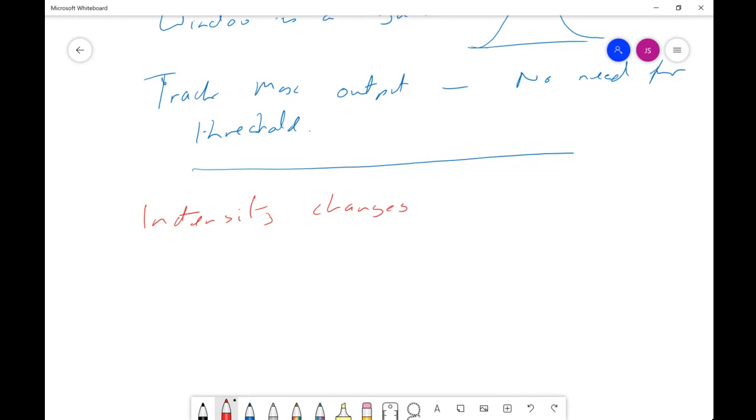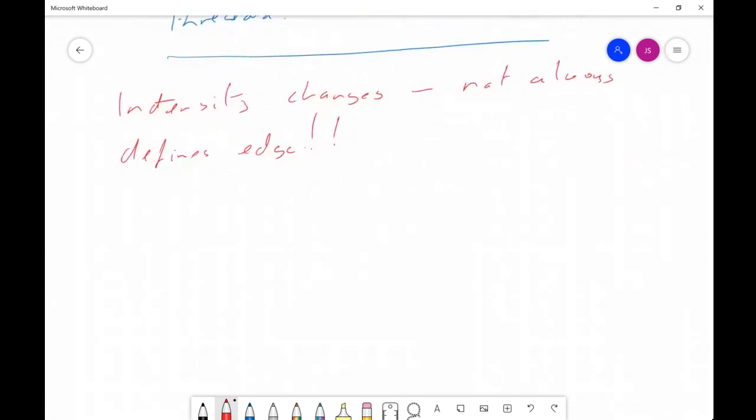Intensity changes, which all these methods are relying on, does not necessarily define an edge. A problem. We're using intensity and it's not reliable.